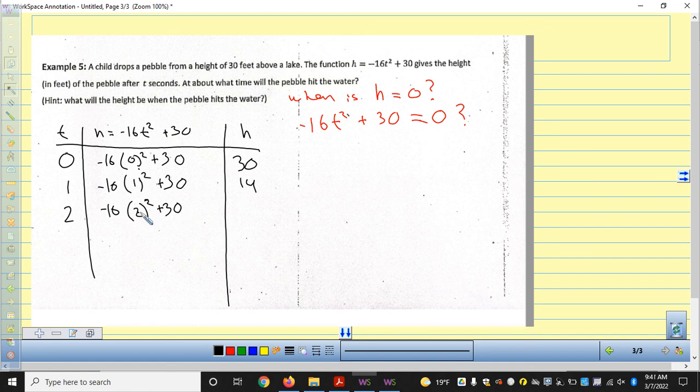Well, 2 squared is 4, times 16 is negative 64, plus 30, and I get negative 34. So sometime between time equals 1 and 2 seconds, my pebble is going to hit the water.